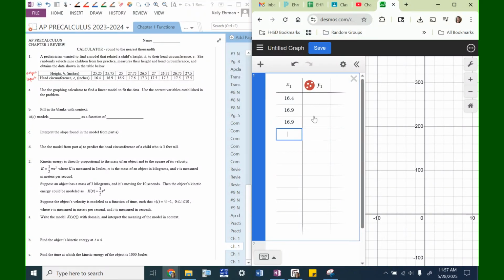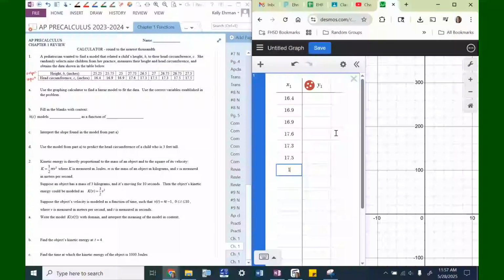So 16.9, 16.9, 17.6, 17.3, 17.5, 17.3, 17.5, 17.5. I have 1, 2, 3, 4, 5, 6, 7, 8, 9. So that matches up.